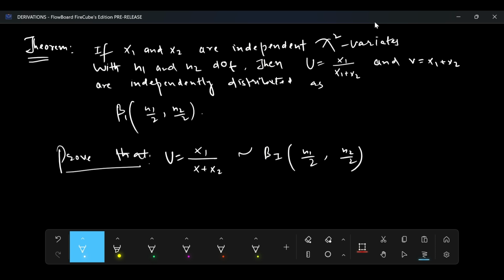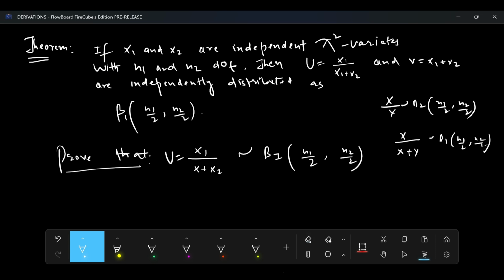In the previous theorem we simply proved that x given y follows beta second kind n1 divided by 2 comma n2 divided by 2, and in this theorem we will see x divided by x plus y will follow beta first kind n1 divided by 2 comma n2 divided by 2. Clear?